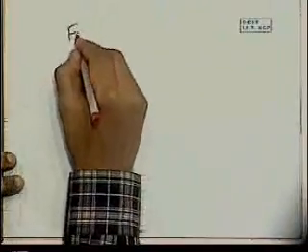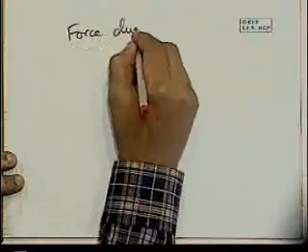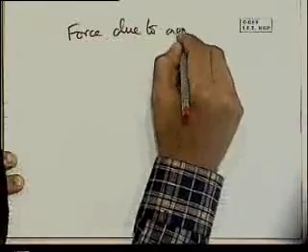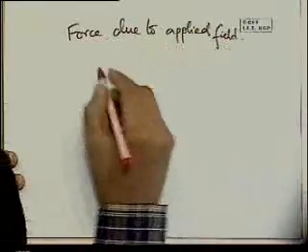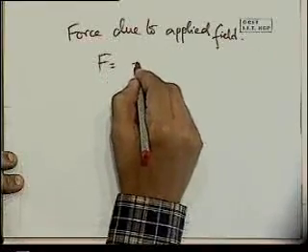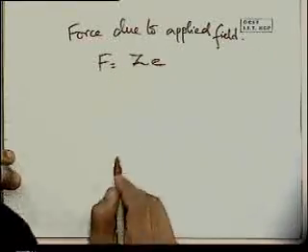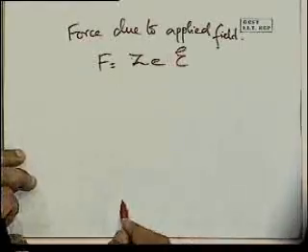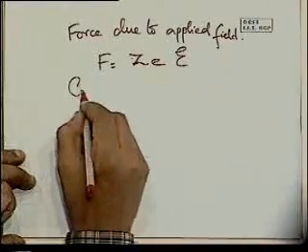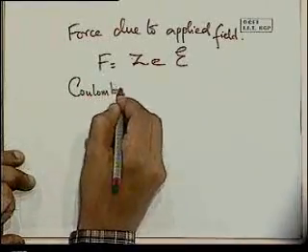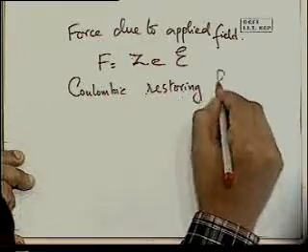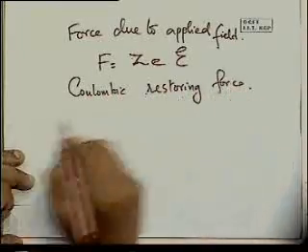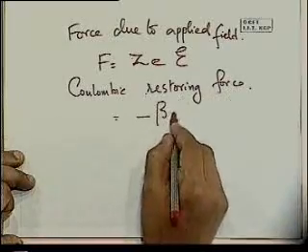Now we can write the force due to the field as ZE, which is the total charge times the applied field. Similarly, the Coulombic restoring force can be expressed as some constant times x.